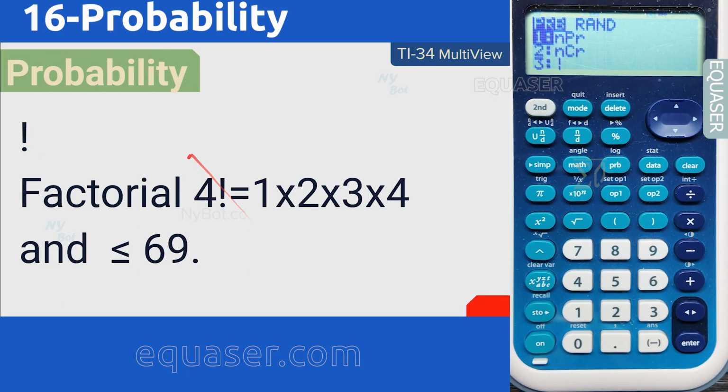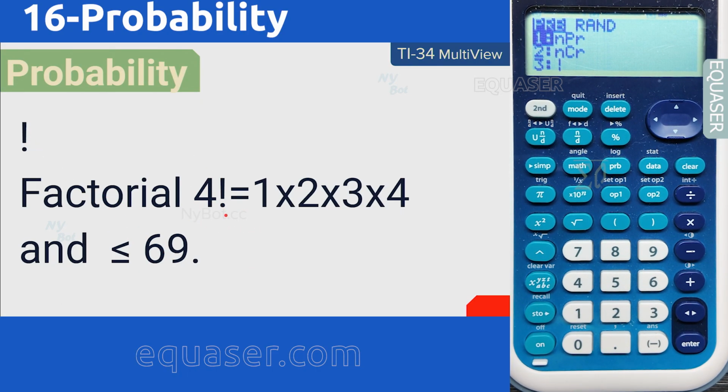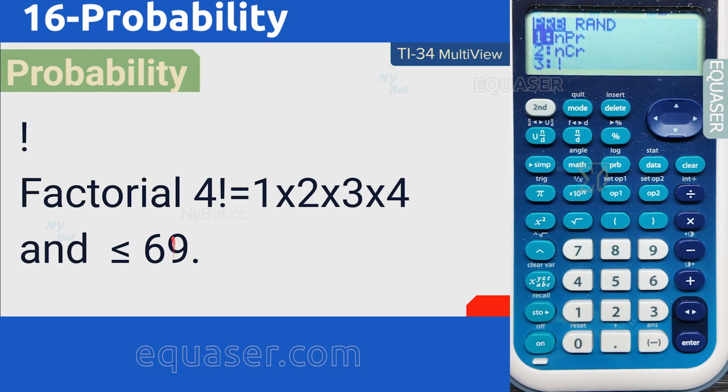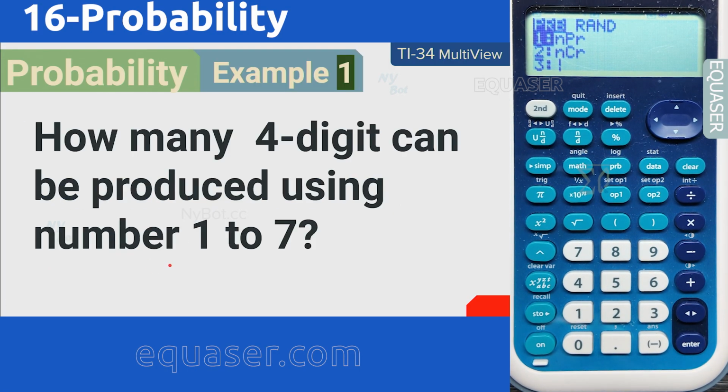And then factorial is, when you write 4 factorial, it's equal to 1 times 2 times 3 times 4, whatever this value is. But it cannot exceed 69, so it should be equal to or less than 69.